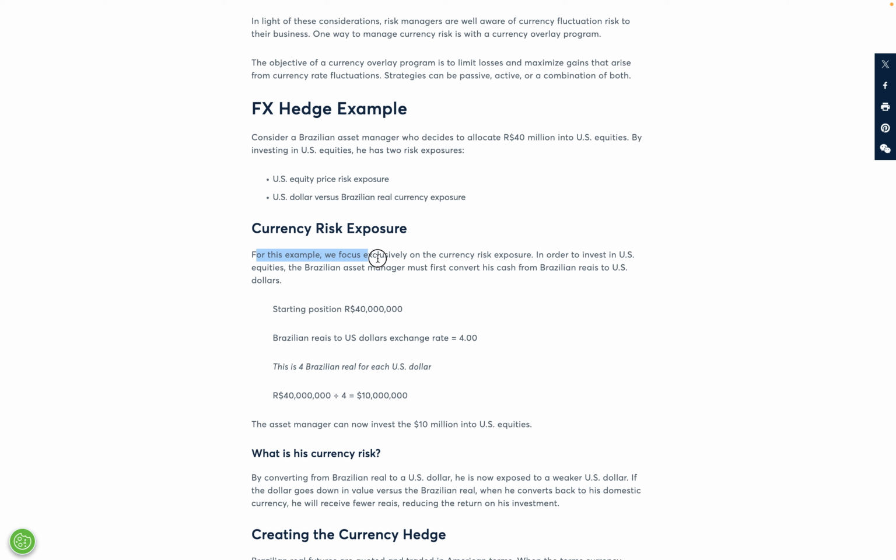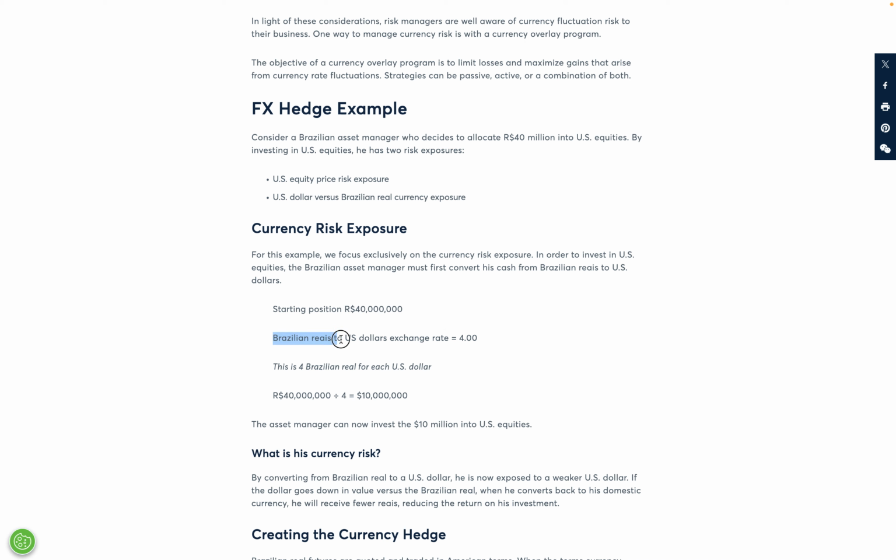For the example, we focus exclusively on the currency risk exposure. In order to invest in US equities, the Brazilian asset manager must first convert his cash from Brazilian reais to US dollars. I don't know why it's called reais. Starting position 40 million Brazilian reals.